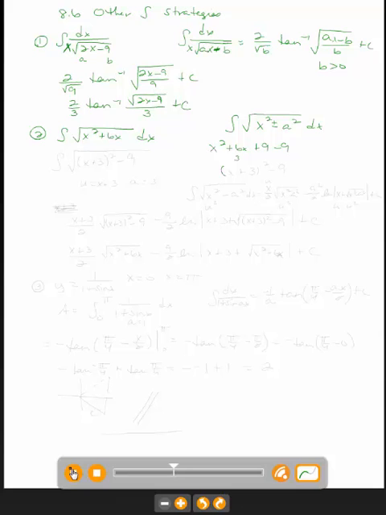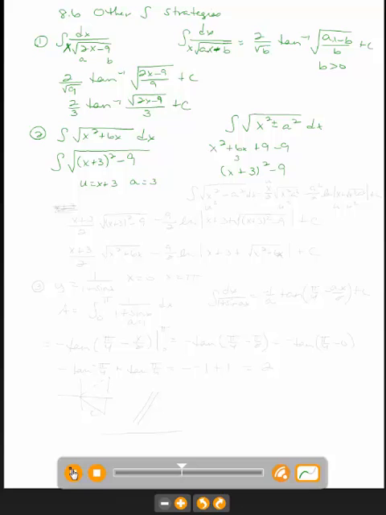That factors to x plus 3 squared minus 9. So my integral then turns into the square root of x plus 3 squared minus 9. In this case, the x plus 3 we're going to call u, and the 9 is going to be your a squared.